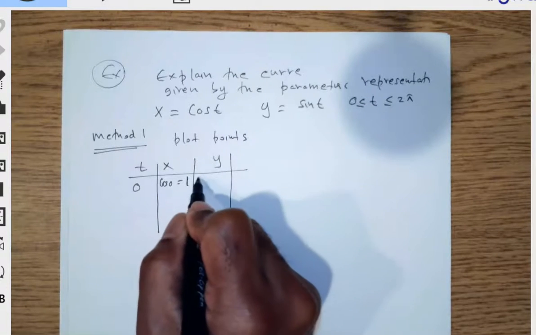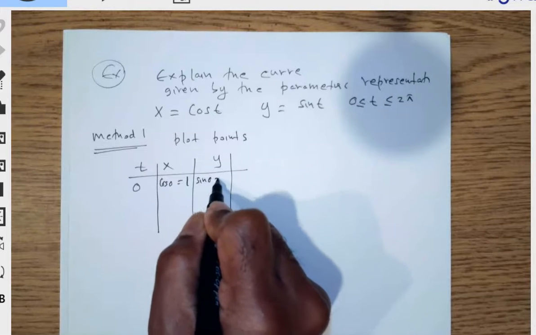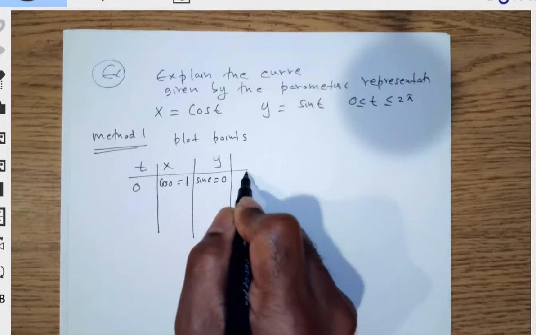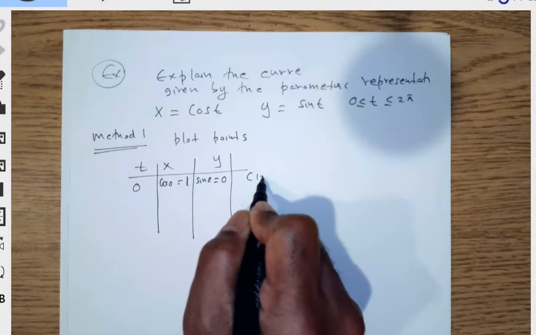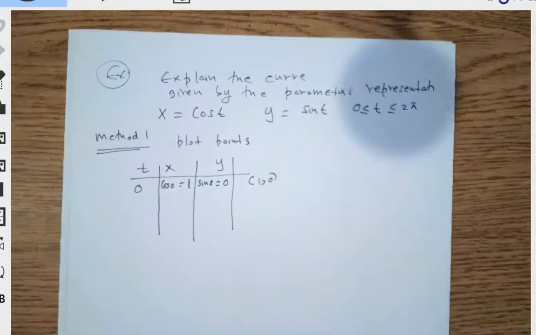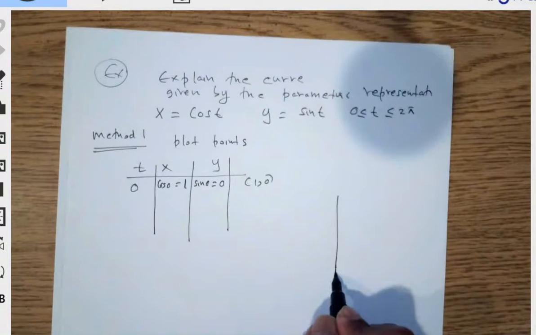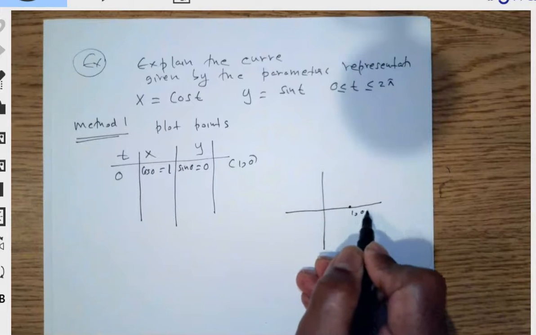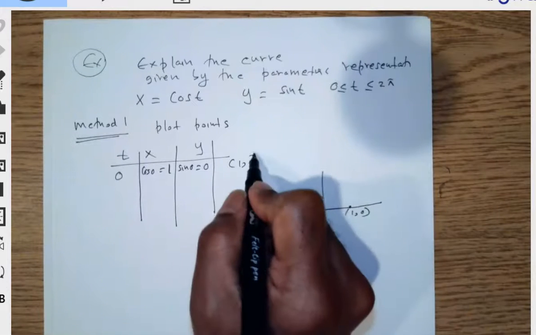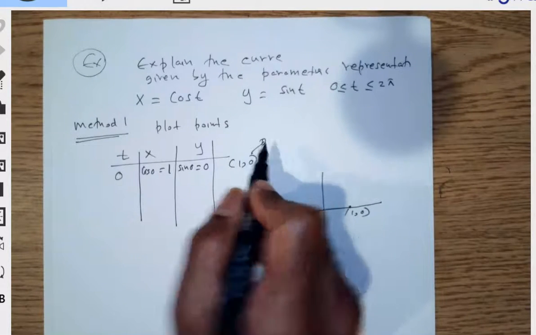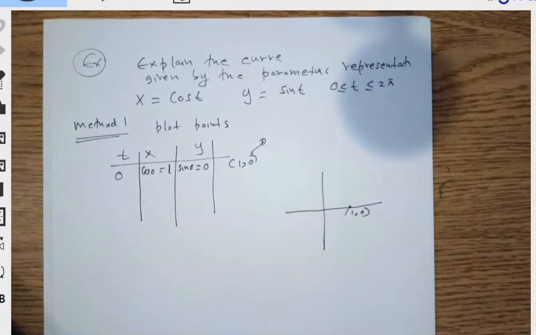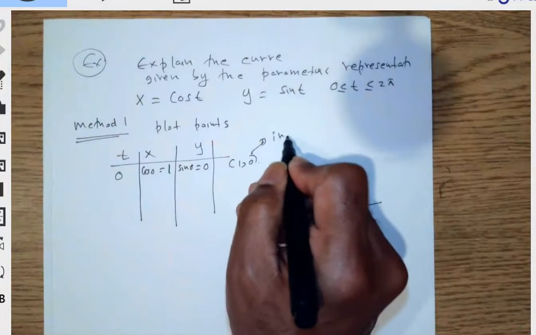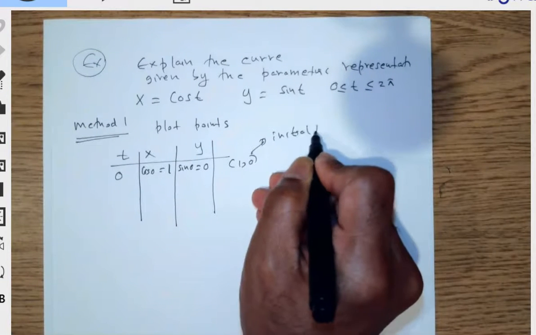And y is sine 0, which is equal to 0. So the point will be (1, 0). Let's go to a corner and try to sketch those points. So that's (1, 0). This is called the initial point. That's where it starts.